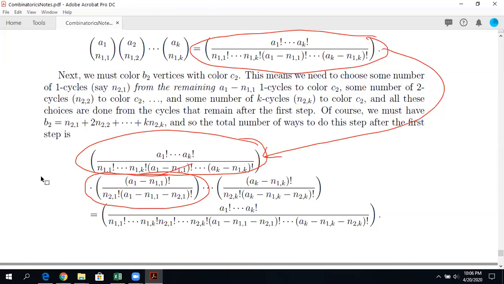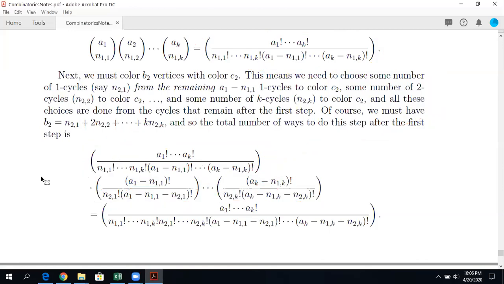A1 minus N11 factorial, that cancels that, right? All of this stuff is going to cancel. AK minus N1k factorial. So all those things go away, and what survives are these various n's, and the A1 minus, now I have to subtract 2 things away. All of those things survive. Okay, so this is the new formula that you get right here.